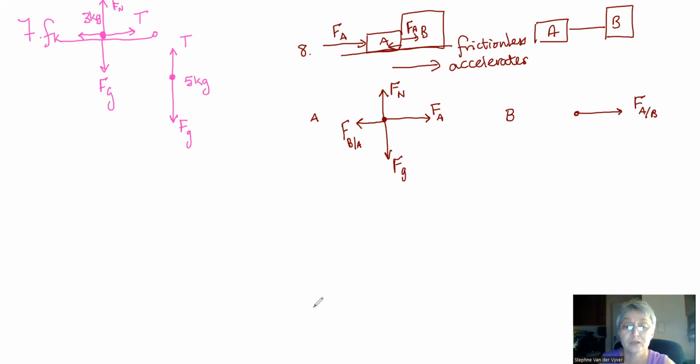And I think I'm drawing it too long here. I need to make it a little bit shorter, because the force of A on B is the same as the force of B on A. But the direction is opposite, so I give the one a negative sign. Then the other forces acting on B would be the gravity and the normal force, and those two forces are in equilibrium.